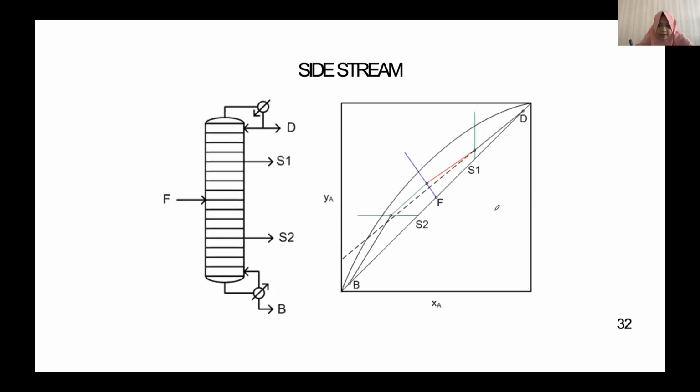What happens if we add a side stream? This will affect the mass balance.